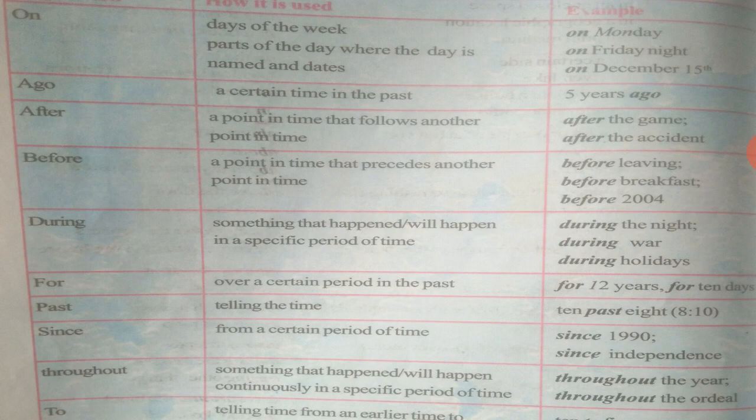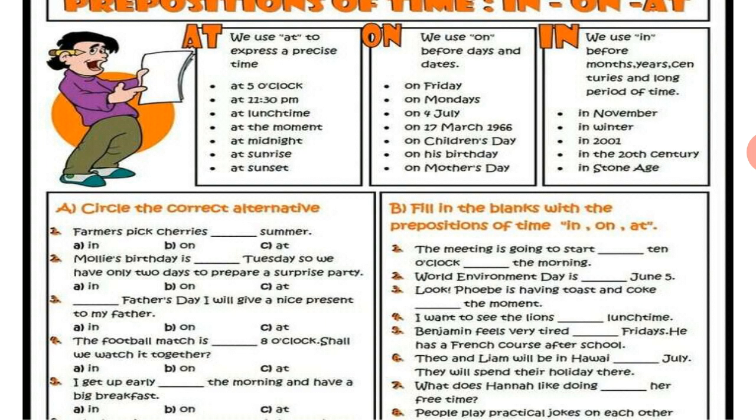So you can pause the video and get a better understanding by reading all these things. Today I just want to give you a little worksheet to complete. First, circle the correct alternatives, and second, fill in the blanks with the prepositions of time: in, on, at.